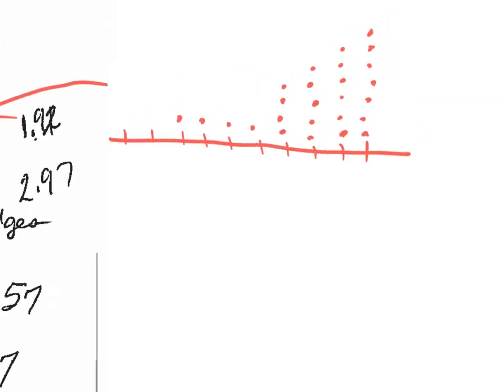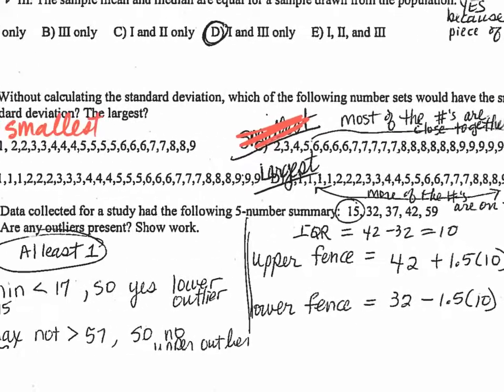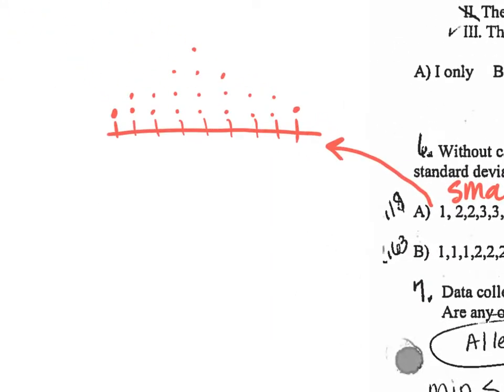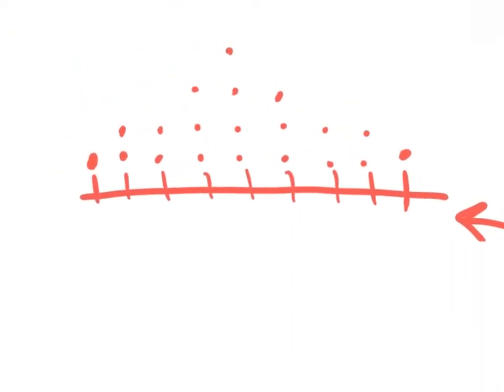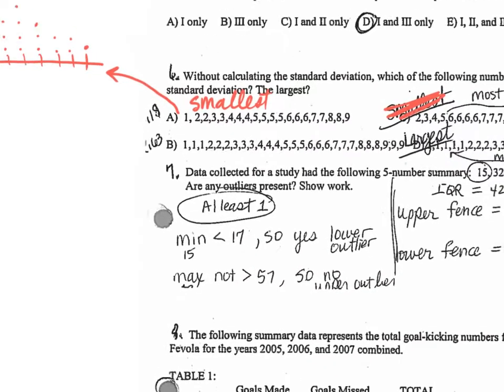Okay? So this shape over here, which is very nice and symmetrical and unimodal, had data nicely clustered closely around the center, hence a smaller standard deviation. Okay, so that one ended up being the smallest. Let me show you the one that ended up being the largest.